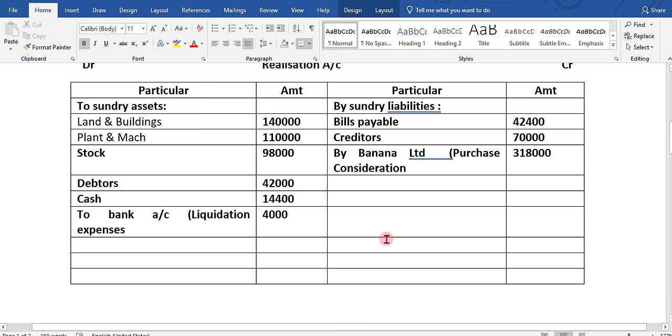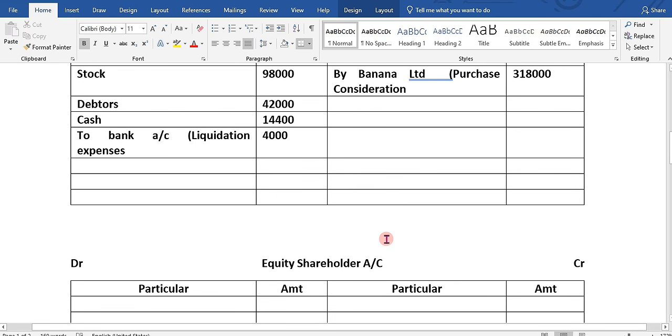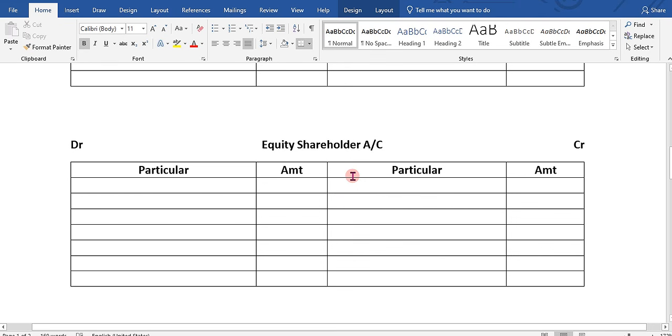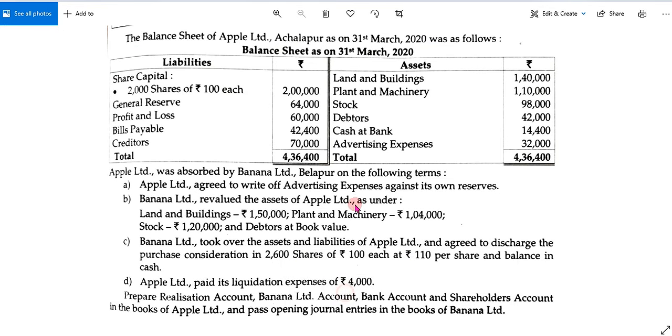Now next we have to prepare the equity shareholders account. In the equity shareholders account, first you will note down the equity share capital which is given in the question. That is share capital of 2,000 shares of 10 each, that is 2 lakh.